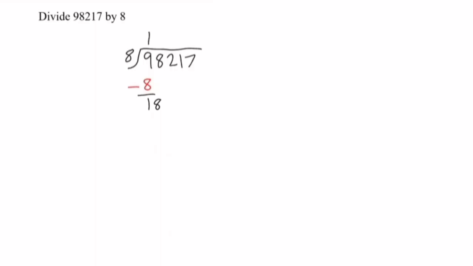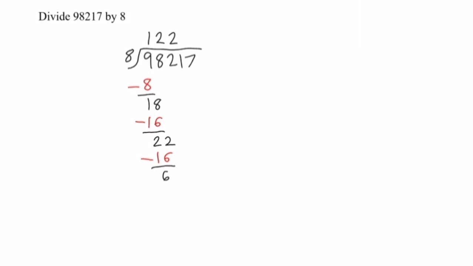Divide 18 by 8 to get 2 with the remainder of 2. Multiplying 2 by 8 gives us 16, so we subtract 16 from 18 to get 2. Bring the next digit 2 down to get 22. Divide 22 by 8 to get 2 with the remainder of 6. Multiplying 2 by 8 gives us 16, so we subtract 16 from 22 to get 6.